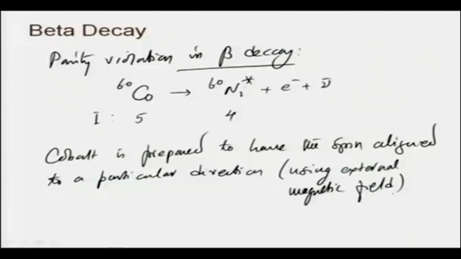But you can align the cobalt spins in the same direction by placing the sample in a magnetic field. The spins tend to align along the magnetic field, so it is some kind of a polarized sample.